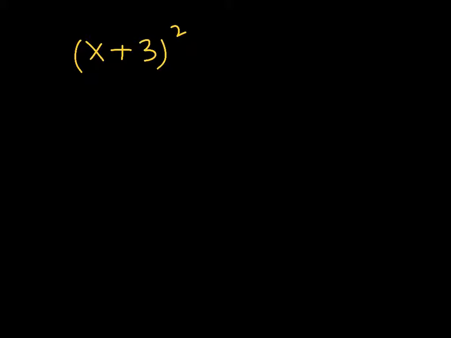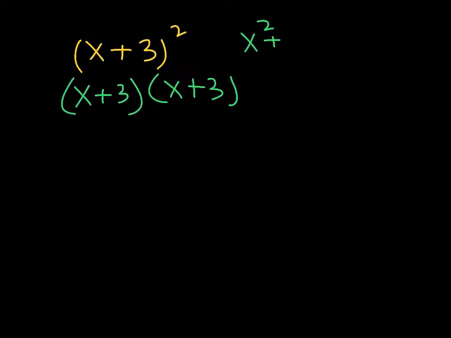Now (x + 3) squared. Well, this is the same as (x + 3)(x + 3). Now you don't want to make the mistake of thinking that (x + 3) squared is the same as x squared plus 3 squared. No, this is wrong. That is not correct.